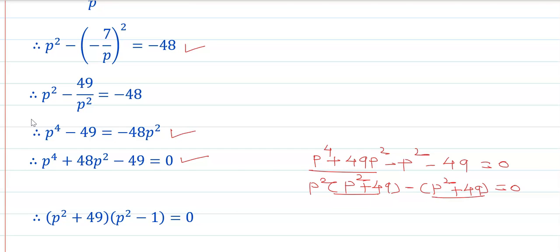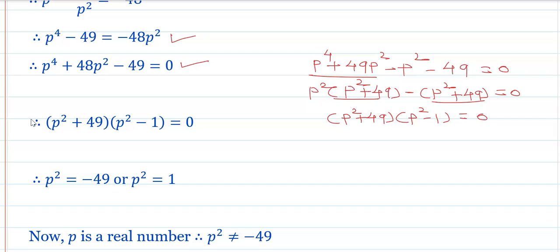p square plus 49 in the first bracket, in the second bracket p square minus 1, and that's equals to 0. Hence p square plus 49 is equals to 0, and p square minus 1 is equals to 0.